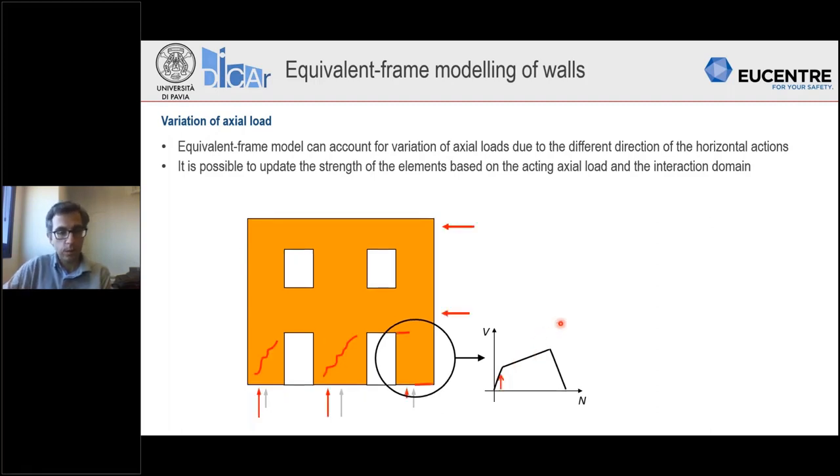If the action is reversed, probably this element will have a reduction of axial load, with the possibility of its behavior being dictated by a flexural mechanism.